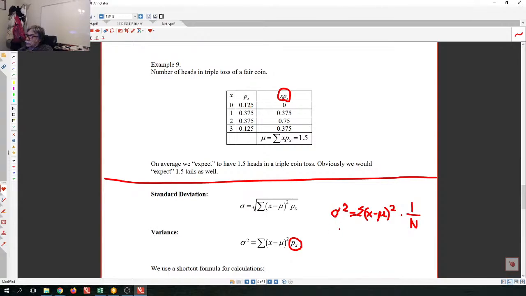Okay? So you're not going to multiply every one of these terms in the summation with 1 over n, which you can do also at the end. You're going to multiply every one of them with its own probability mass. And that changes the formula.